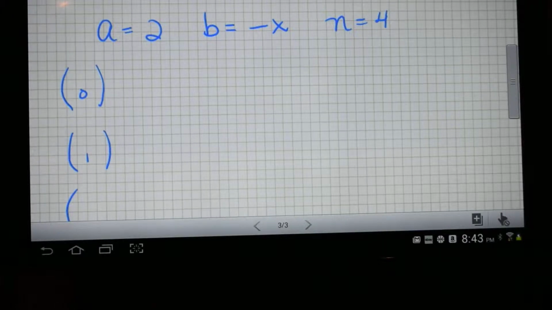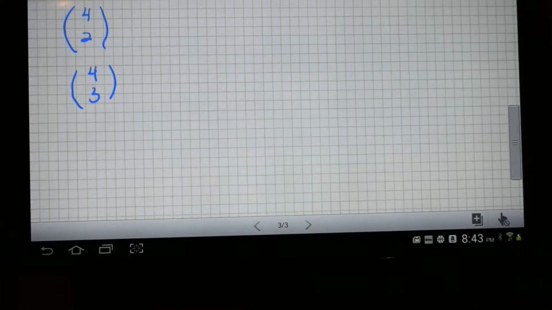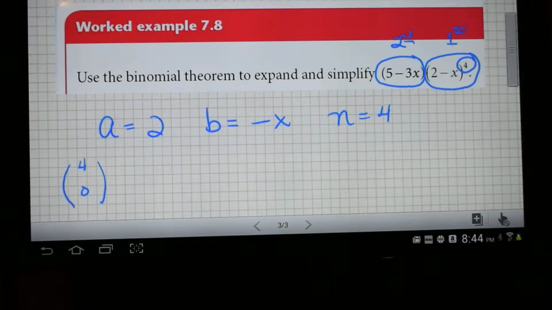I was like, what? It's going to be the wrong problem. 4, 0, 4, 1, 4, 2. Your next term is going to be 4, 3. And when we get to 4, 4, we're done. When you have the same number repeated twice, that means your last term. Which makes sense, if you have to the 4th power, you're going to have 5 terms.